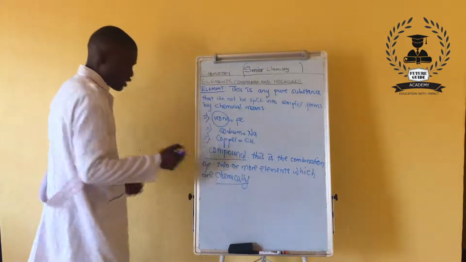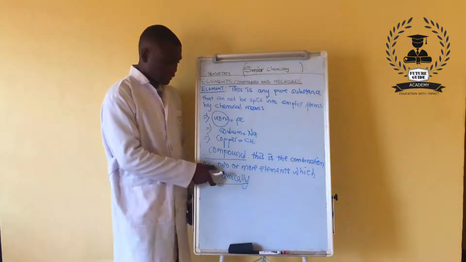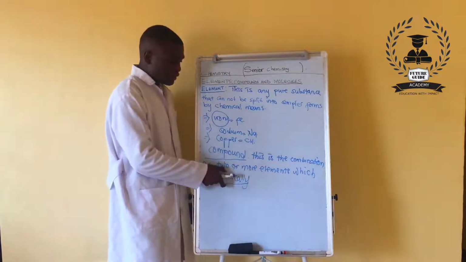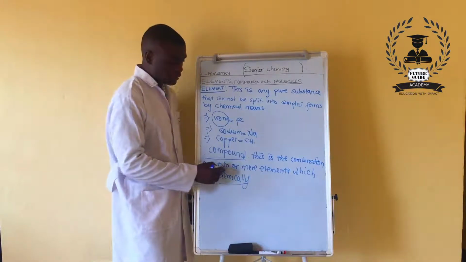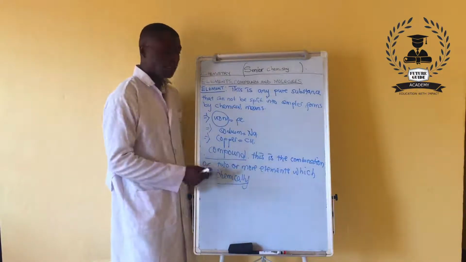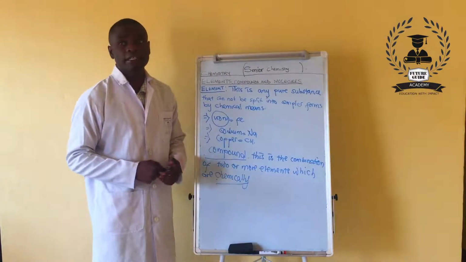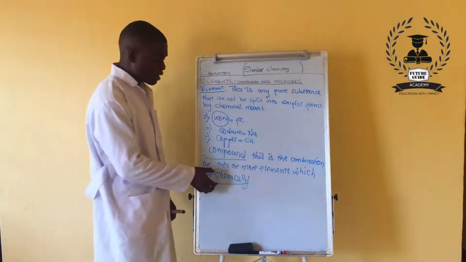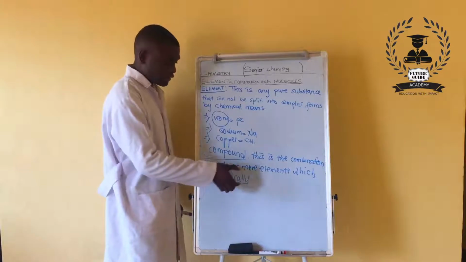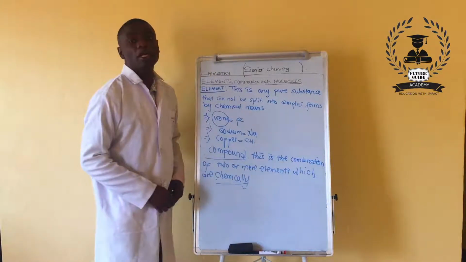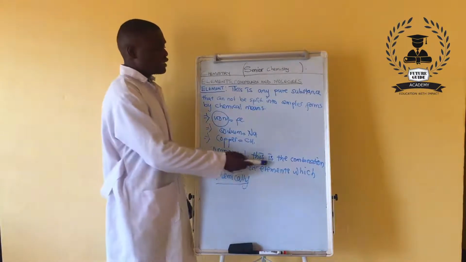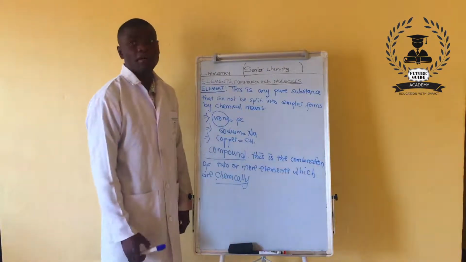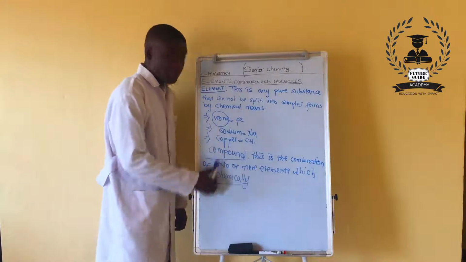Get to this point? What we mean when we say chemically? Meaning it's impossible for you to split the combination of those two things because they are chemical, and sometimes new substances are usually what? Formed. When we are talking about combination, there is a physical combination and a chemical combination. But when we are talking about a compound, these elements that we are talking about are chemically combined.